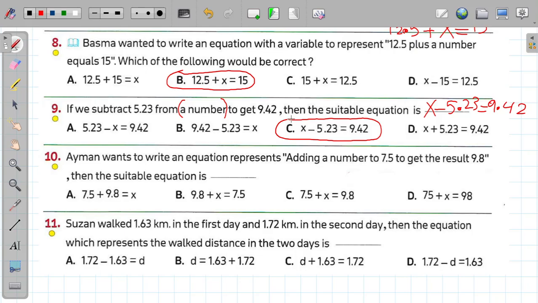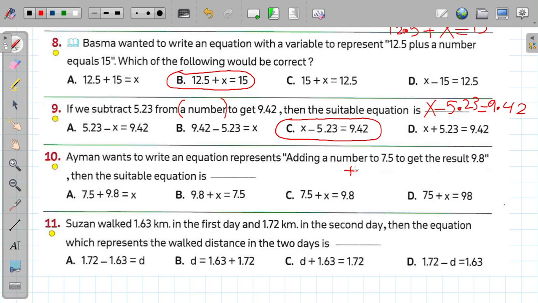Next, Ivan wants to write an equation to represent adding a number to 7.5 to get the result 9.8. Okay, adding a number means I will use the addition. To 7.5, so I will add a number like x.